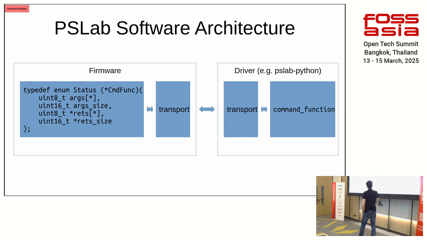Then the transport layer hands over whatever argument bytes came over the bus to the command function. That's this top argument there, along with the number of bytes in that array, of course. Then it's up to each individual command function implementation to parse whatever input arguments it needs from that byte stream. That's something that you will need to do in the exercise.